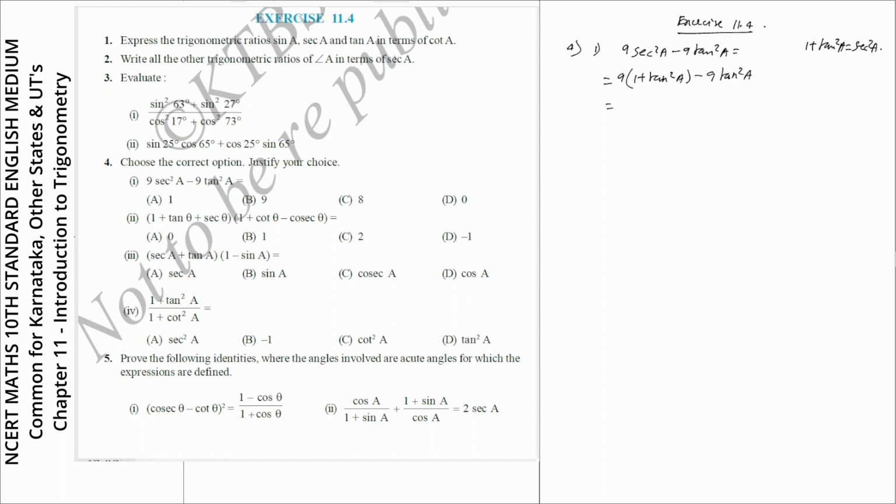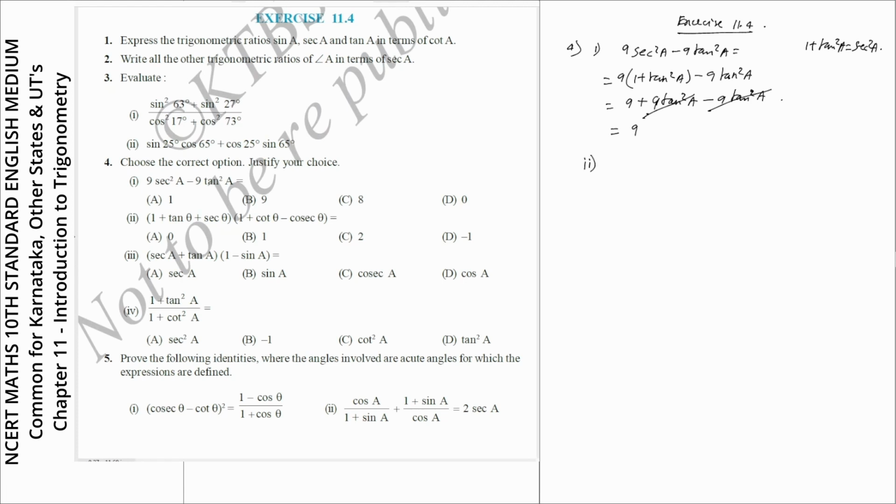So this is equal to, now I'll open the bracket. 9 into 1 is 9 plus 9 into tan square a is 9 tan square a minus 9 tan square a. So plus 9 tan square a minus 9 tan square a will get cancelled. I'll get answer 9. So the correct option is B.